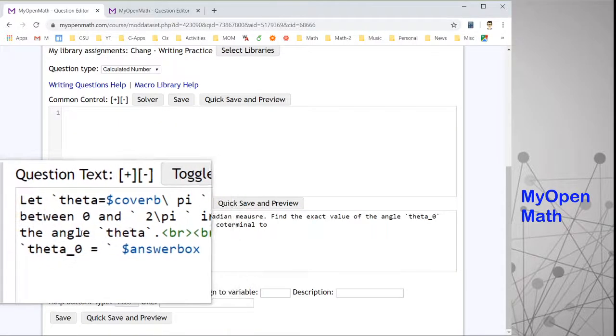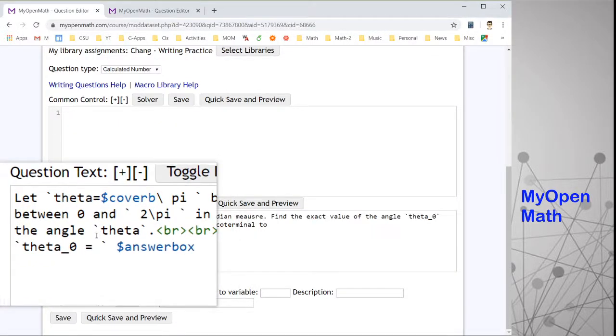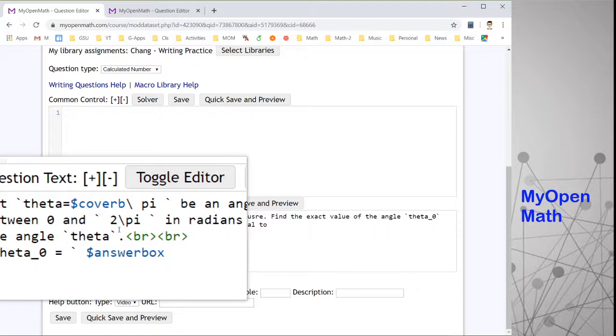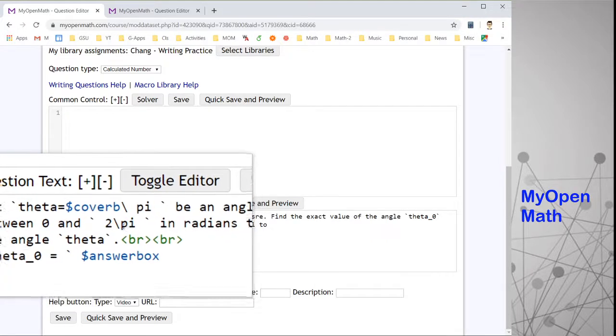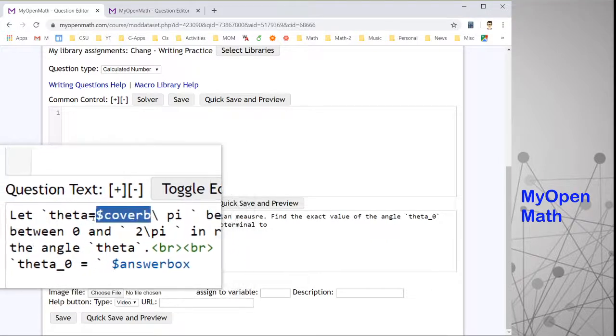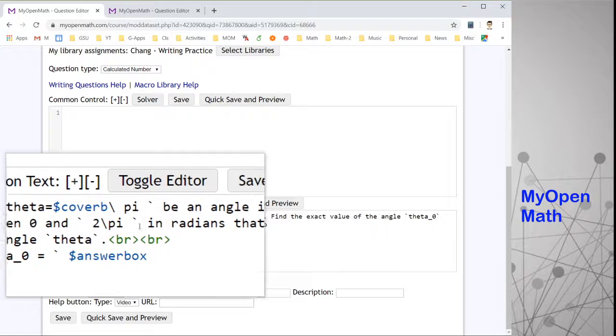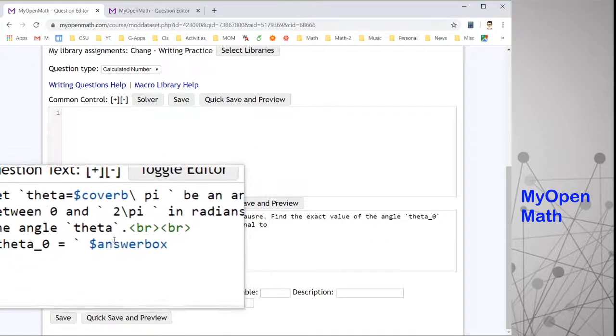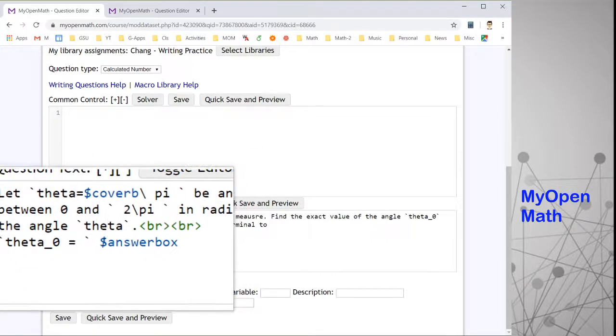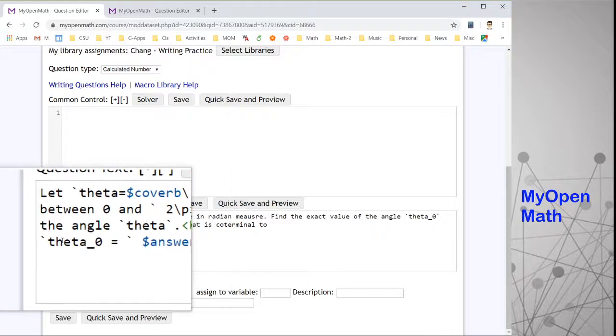So here it is, the beginning part of the question that says let theta be this fraction times pi, but I had to prepare this expression early on, and that's the whole point of the second part of the video, and finding the coterminal angle, and we put the answer box down there.